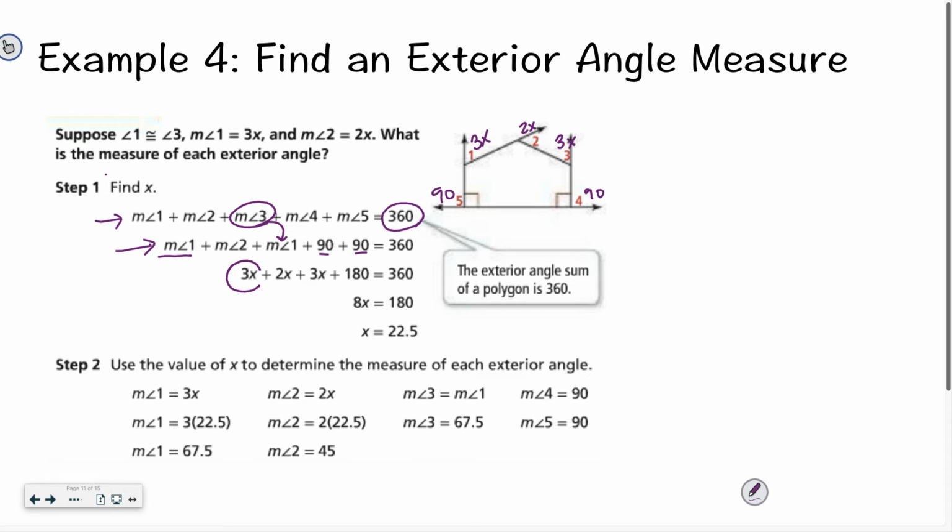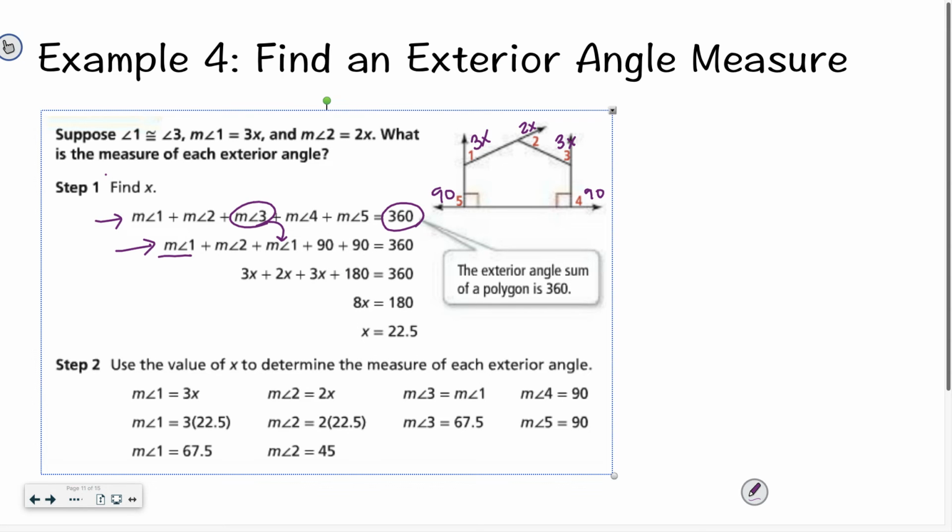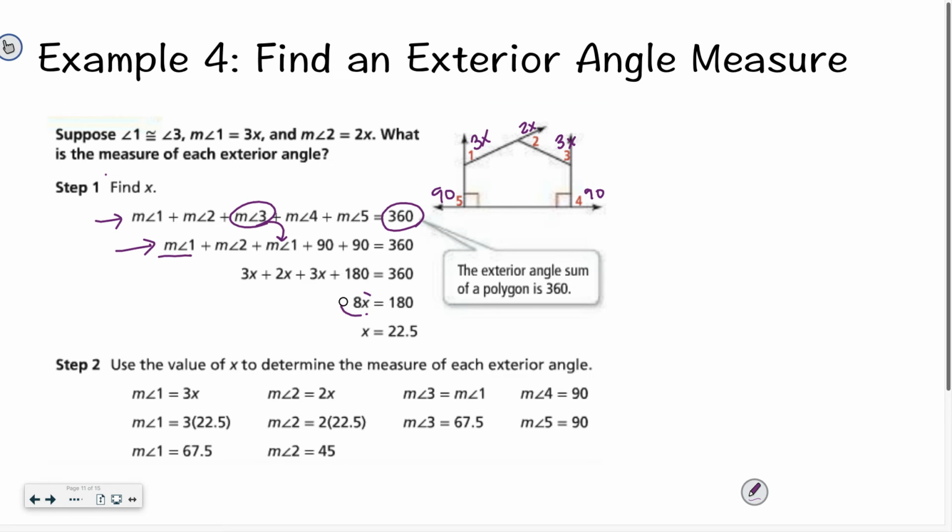Then I know angle 1 and angle 3 are both going to be 3x, and angle 2 is 2x, and I know that 90 plus 90 is 180. So then I have 3x plus 2x plus 3x, that gives me 8x. If I subtract that 180 over, I end up with 8x equals 180. Divide both sides by 8, and I'm left with x equals 22.5.